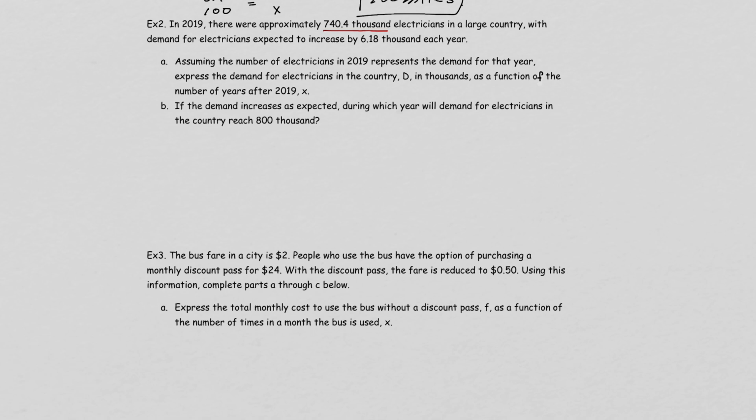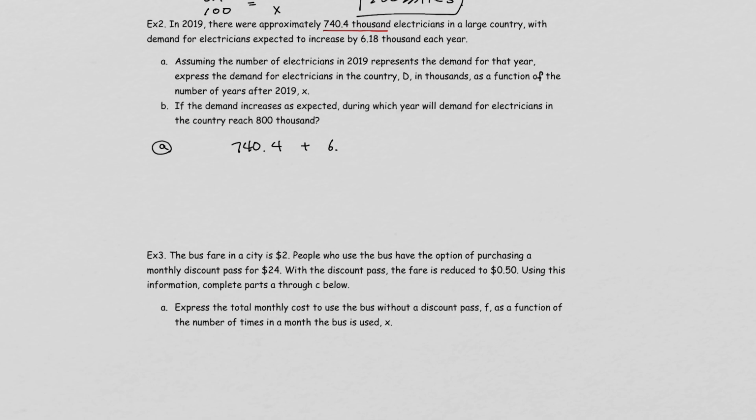So let's build the equation. It's starting with 740.4 thousand, so that's the initial amount. In a linear equation, you're going to add your rate of change, which is 6.18 thousand each year.